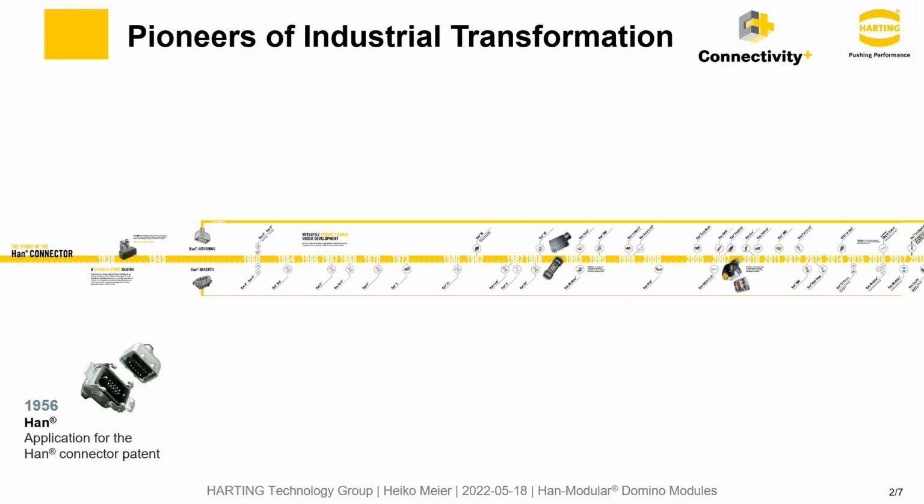In the 1950s, Harting already developed the so-called Han connectors, or rectangular industrial connectors. Han means in this case Harting norm. Then later in the 60s, the owner Dietmar Harting joined the company and pushed further developments of industrial connectors.